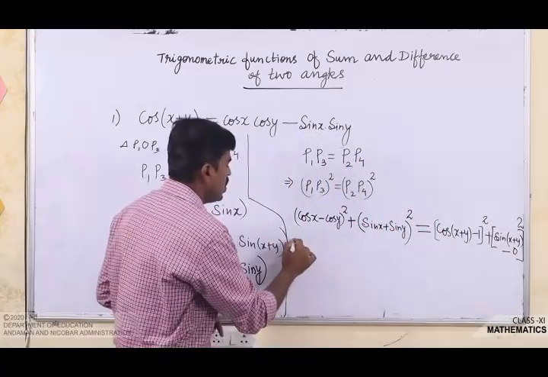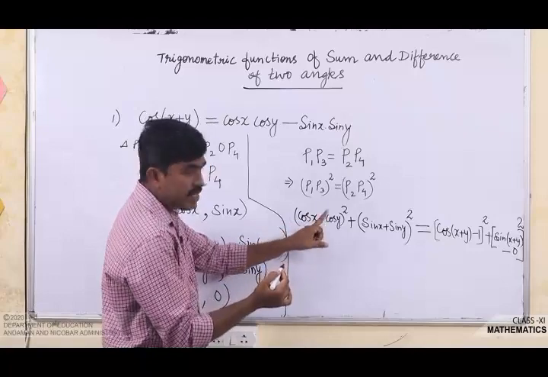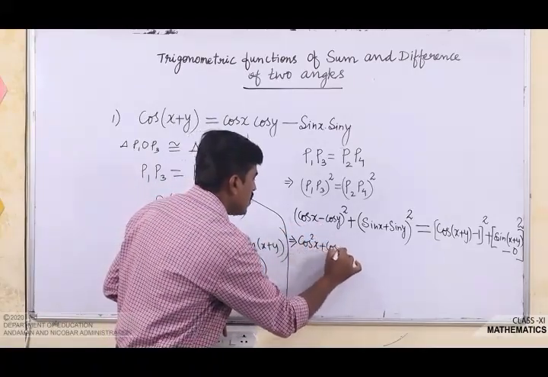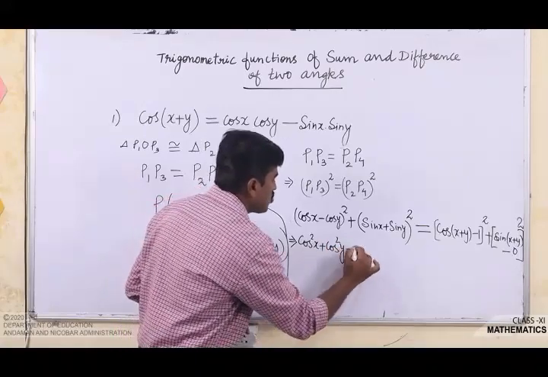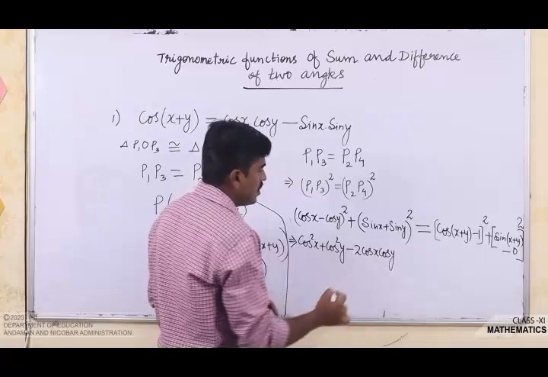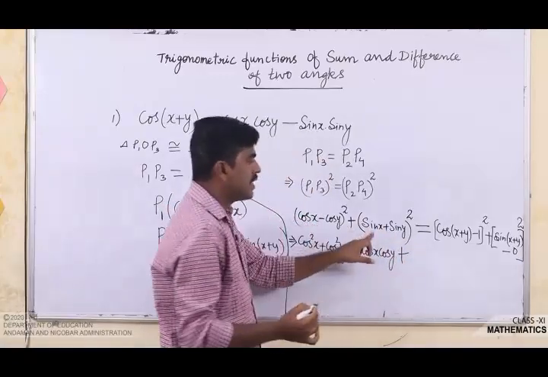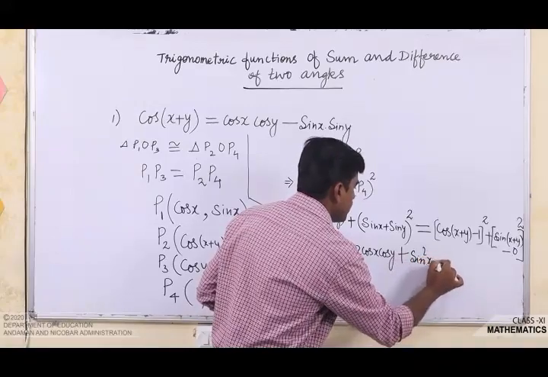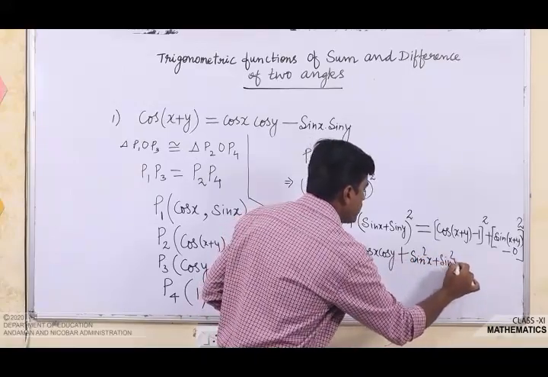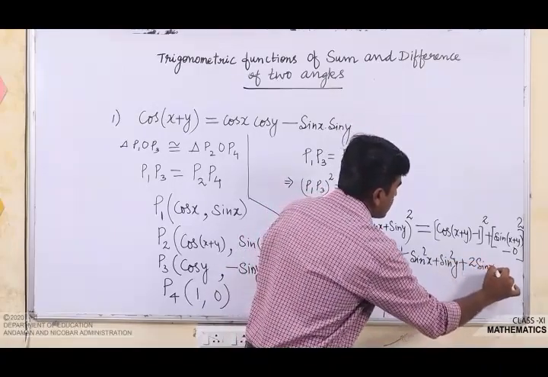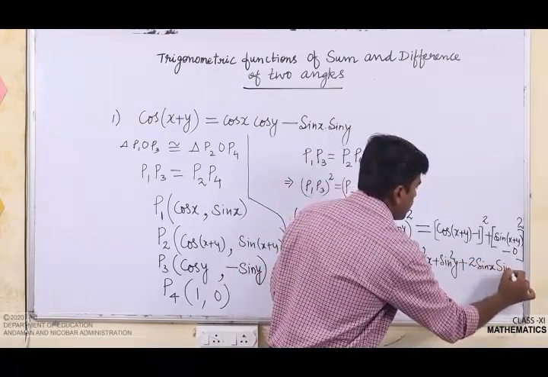Okay. Now let's simplify it. Cos x minus cos y whole square is cos square x plus cos square y minus 2 cos x cos y, then plus sin x plus sin y whole square, that is sin square x plus sin square y plus 2 sin x sin y. Okay.